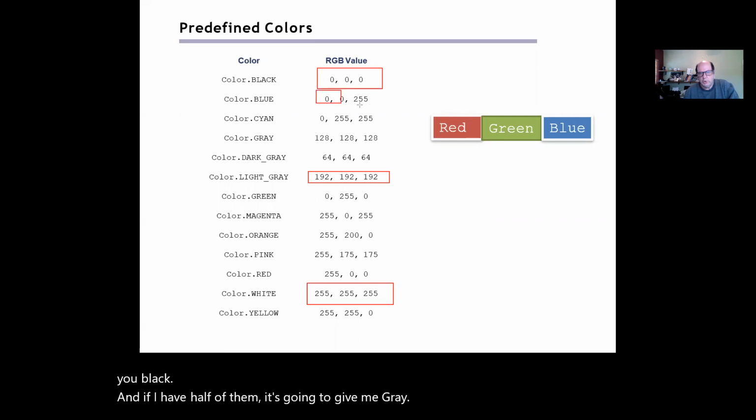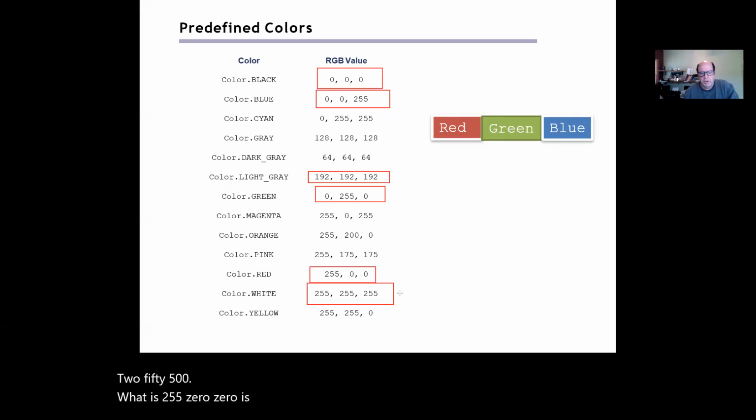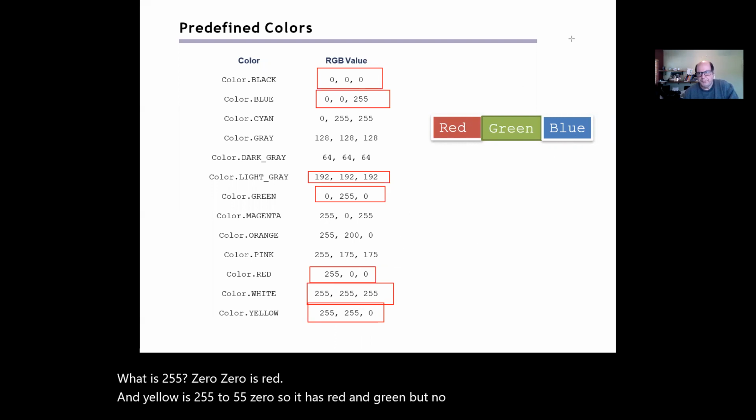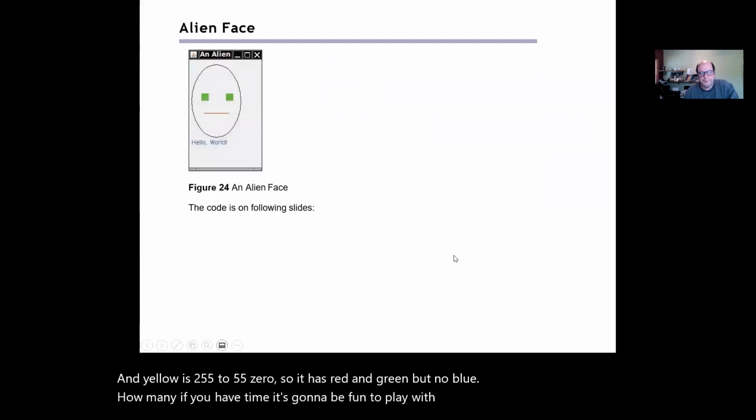So 0, 0, 255 is blue. 0, 255, 0 is green. 255, 0, 0 is red. And yellow is 255, 255, 0. So it has red and green, but no blue. I mean, if you have time, it's going to be fun to play with these things.